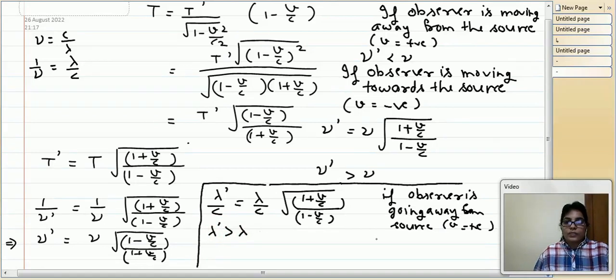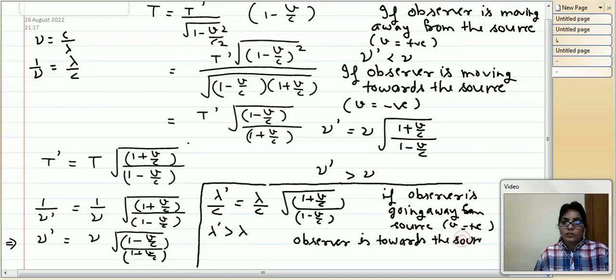And if the observer is moving towards the source, then V is negative. In that case, it will be 1 minus V by C. So this whole factor will be less than 1, and then lambda dash will be less than lambda.